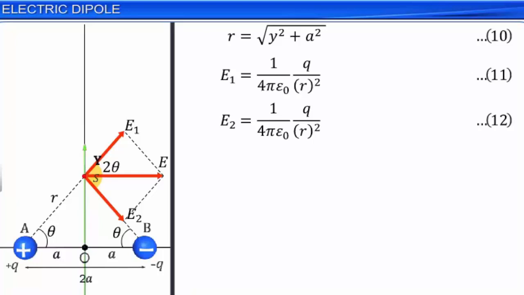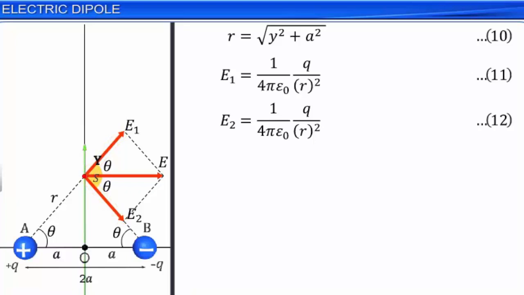Since the magnitudes of E1 and E2 are equal, lengths of the vectors representing E1 and E2 are also equal. Hence, the diagonal bisects the angle 2 theta. Thus, the resultant of E1 and E2 makes an angle theta with the direction of both E1 and E2.